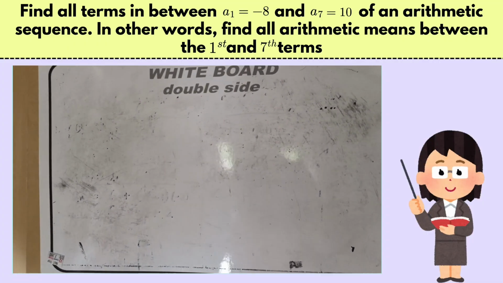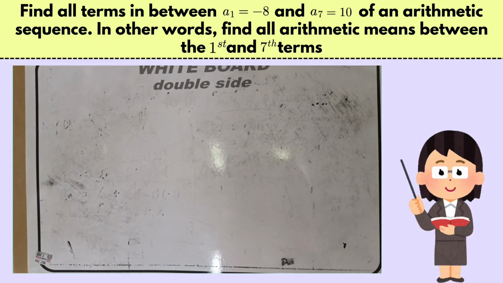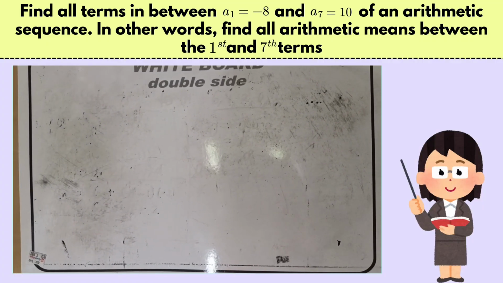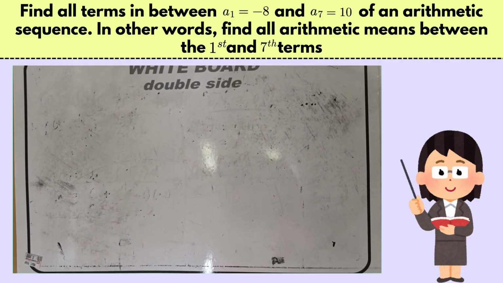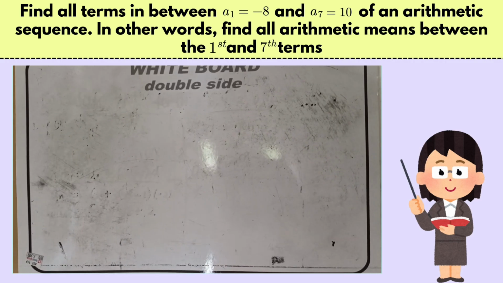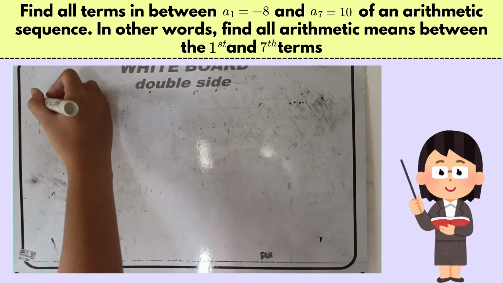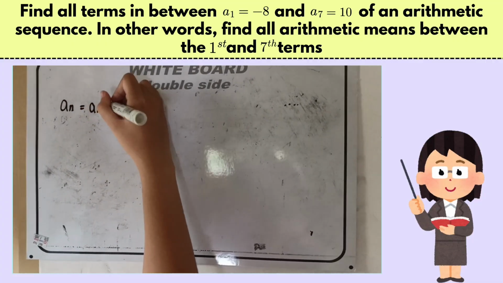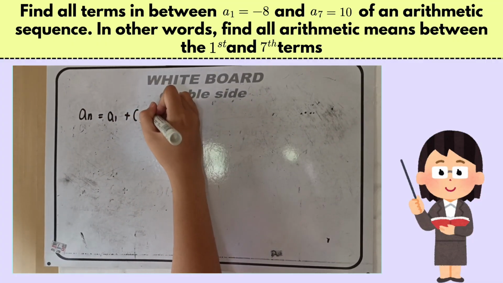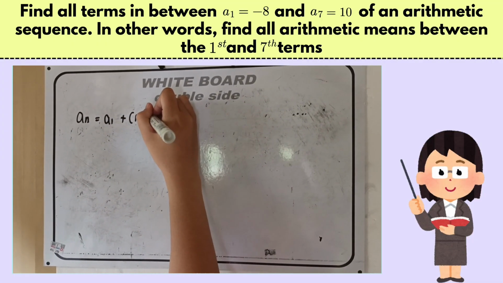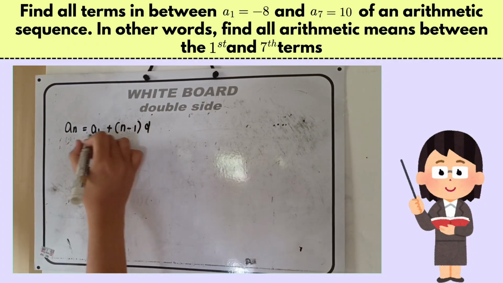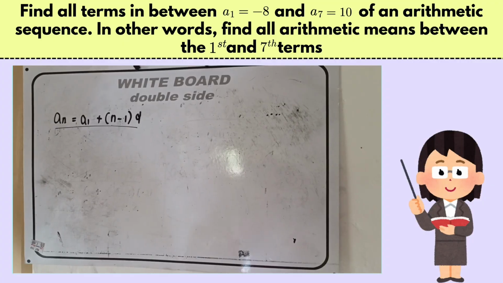So, for solving this problem, for the first, find the common difference, or the symbol is d. In this case, we are given the first and seventh term. a sub n equal a sub 1 plus n minus 1 multiplied by d. Remember, this is a general formula, yeah?